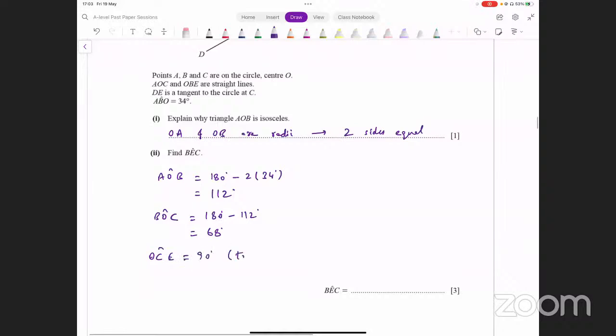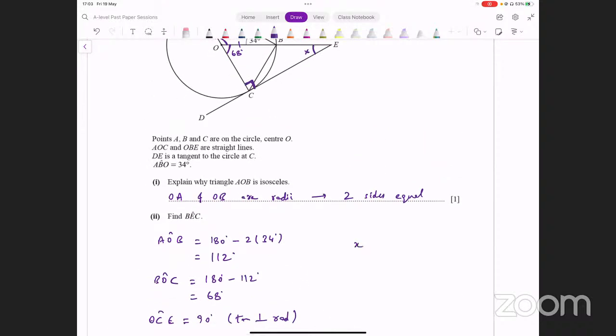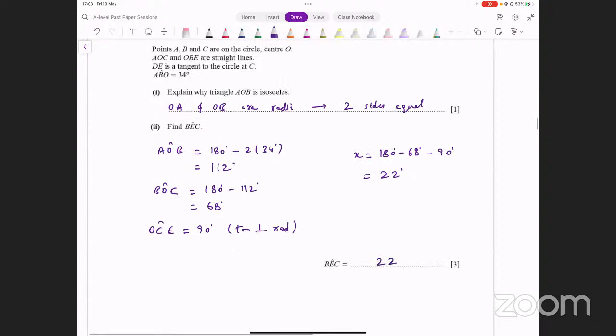Why? Because tangent is perpendicular to radius. So what about x then? X is going to be 180 minus 68 minus 90, and that will give you the final result. Which turns out to be 22 degrees. So that's the angle that we were looking for. This angle is supposed to be 22 degrees.